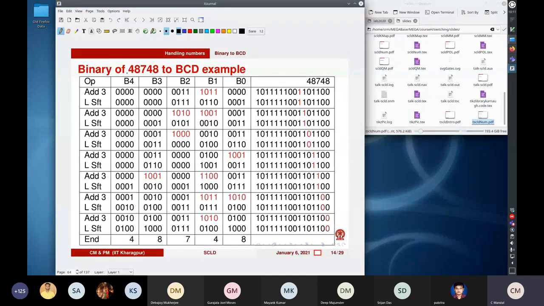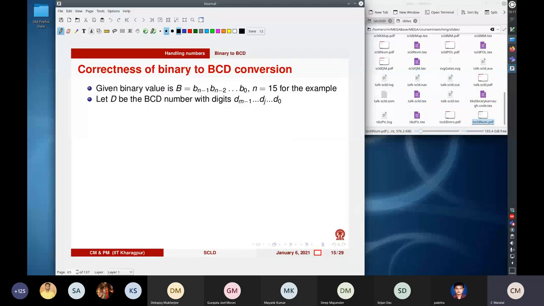So let us see if we can reason something about its correctness. What we are trying to do is convert a binary number to a binary coded decimal number.